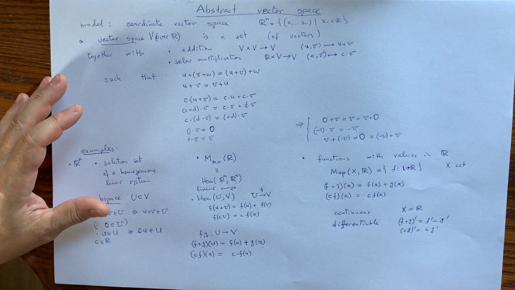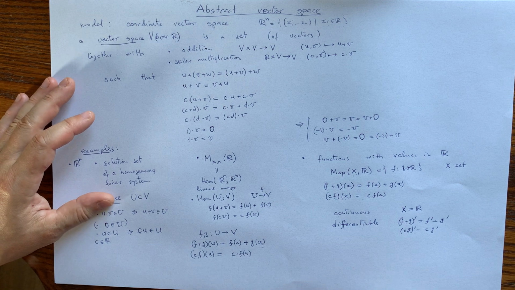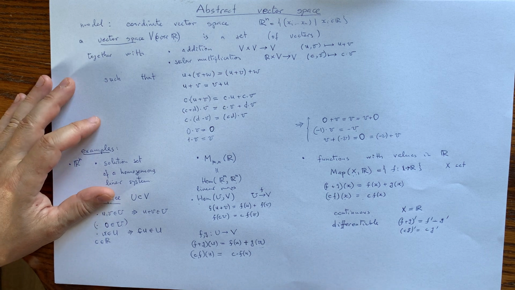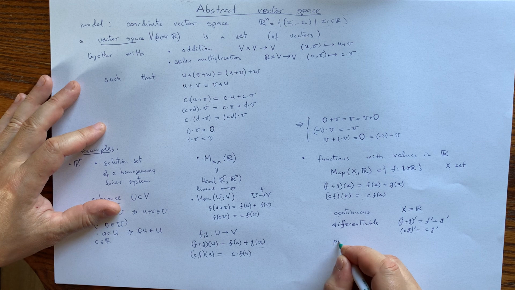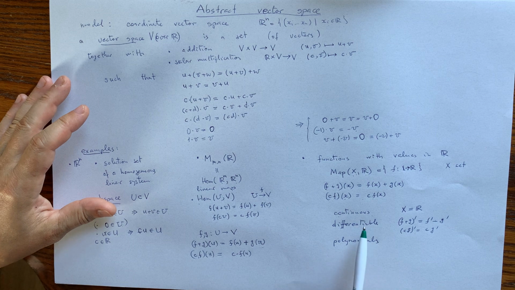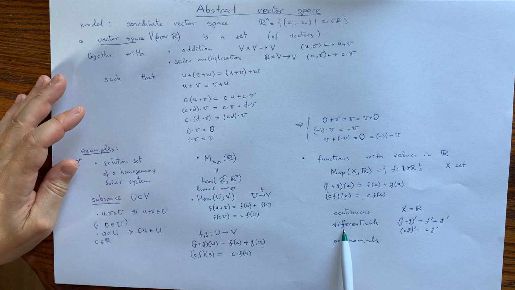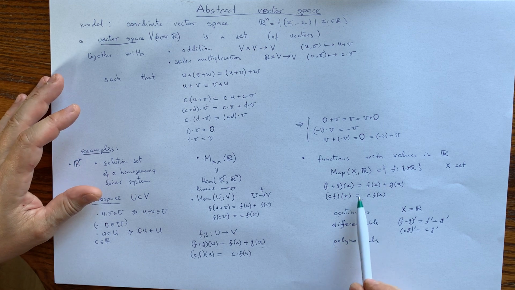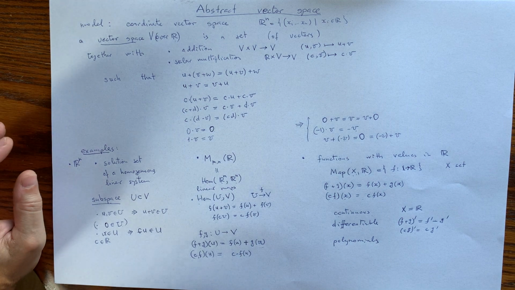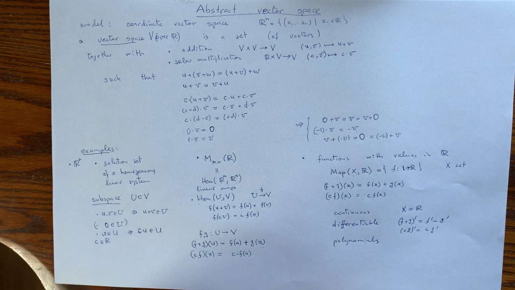So taking derivative is a linear map. And putting more conditions, like infinitely differentiable, infinitely many times, or even better, polynomial functions, are all still examples of these subspaces. So they will be all closed under addition and scaling defined in this pointwise way. And that is it for the first appearance of abstract vector spaces.